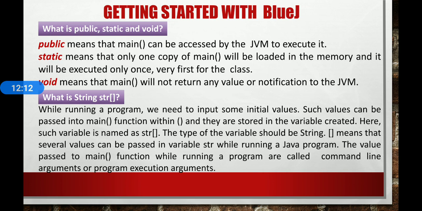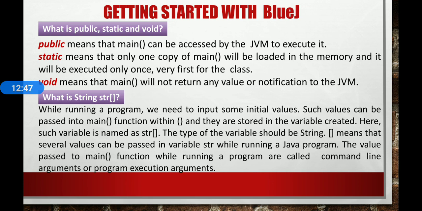The type of the variable should be String, and the square brackets mean that several values can be passed in variable str while running Java programs. The values passed to the main function while running a program are called command line arguments or program execution arguments. You will learn in detail about the main function and command line arguments in higher classes.